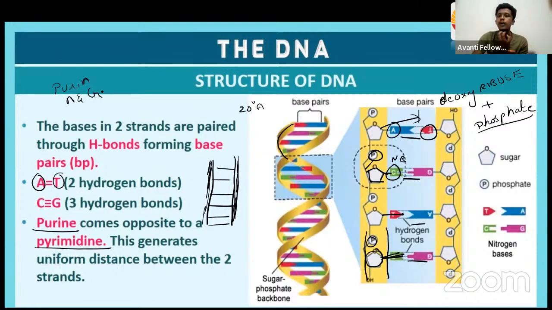Why do we call adenine and guanine purines? Because if you see the nitrogenous base structure, they contain two rings, something like this. One ring is a 6-atom ring and the other is a 5-atom ring. The 6-atom ring we call pyrimidine.